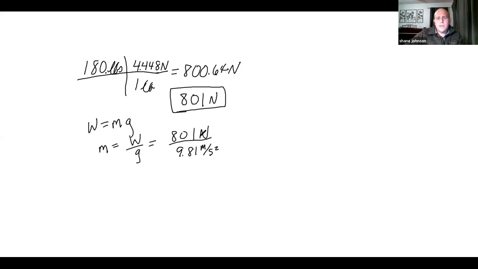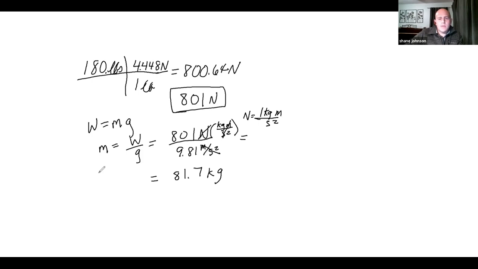So then I have the newtons here. Everybody knows the basic unit of newtons: 1 newton is 1 kg meter per second squared. So if I showed it this way, you can see that the units here and here will cancel out, and I'll be left with kg in the answer. And that's what we want. So we would then have 81.7 kg.